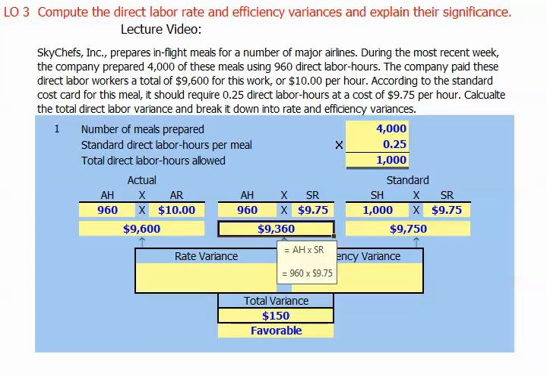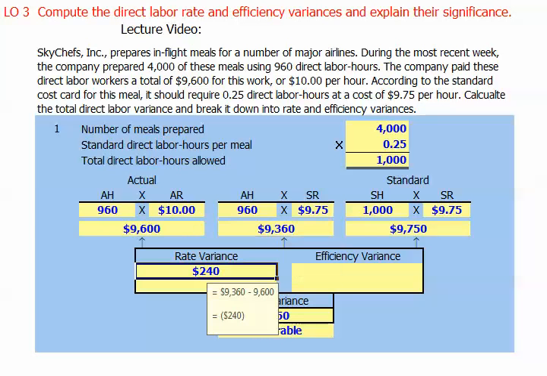In terms of our rate variance then, our rate variance is $240. That's the difference between the $9,600 actual cost and our center column of $9,360. And despite the fact that we would get a negative number, again, recall we always list variances as positive amounts.